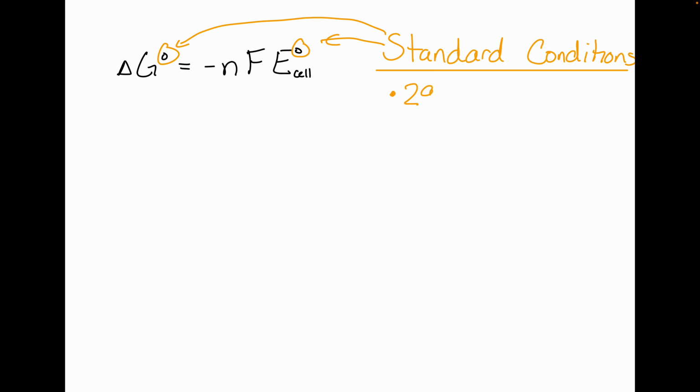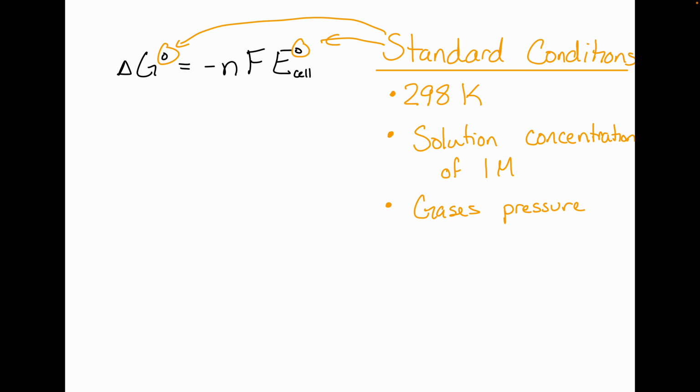Standard conditions include 298 Kelvin. We're not going to talk too much about temperature. Let's think about our other condition for standard conditions, though, which is that all solutions have a concentration of 1 molar. We can note that gases also have a pressure of 1 atm, although gases are not terribly important in our discussion of batteries.